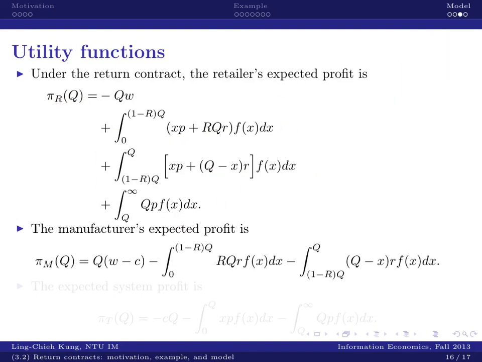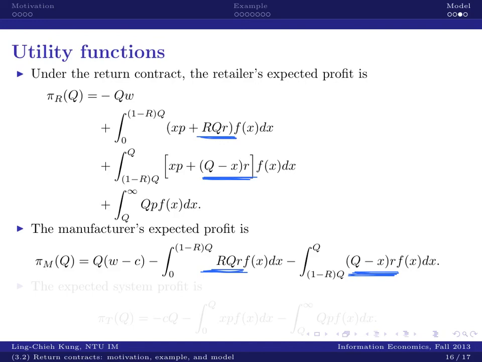The manufacturer's expected profit can also be explained in the following way. First, he has this original term for getting sales to the retailer. But now there are two more terms that come from the return factor. The first term here, as you may see, comes from the first possibility, and the second term here comes from the second possibility.